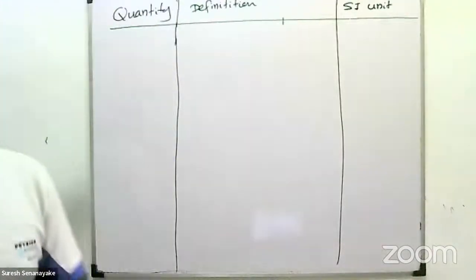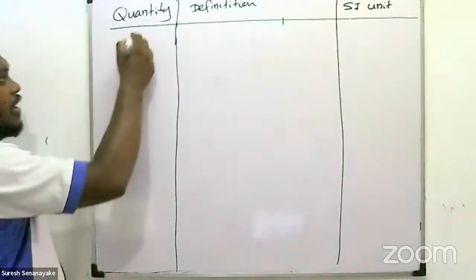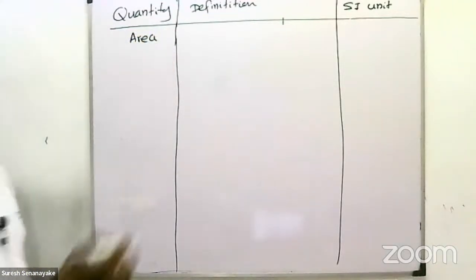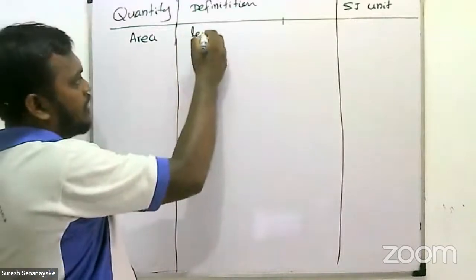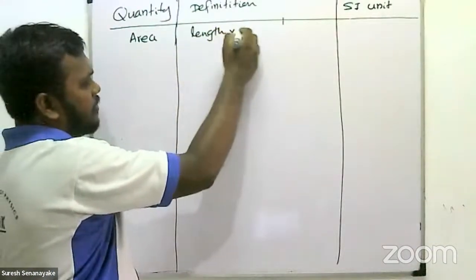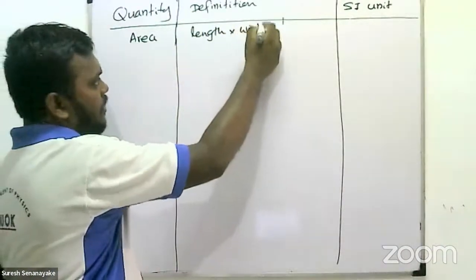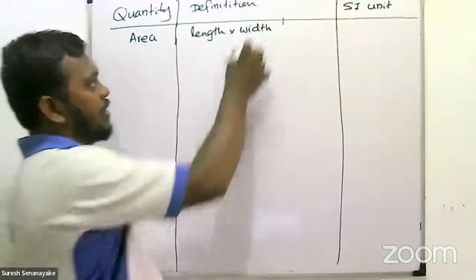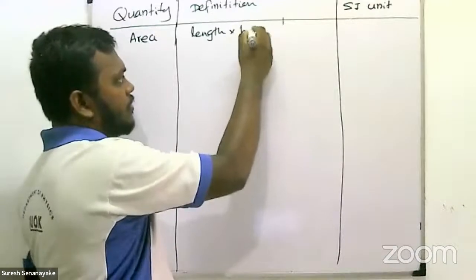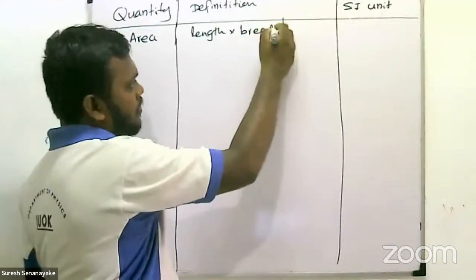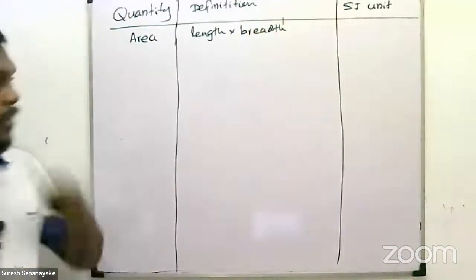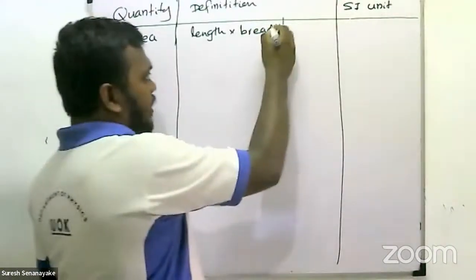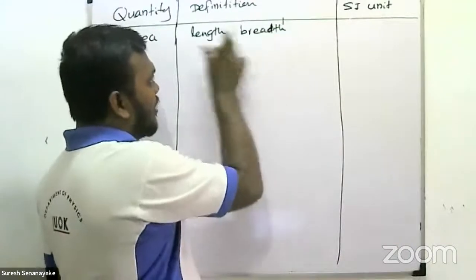You can write in the first quantity, this area. You know that the definition is the length multiplied by the width. Width or breadth, someone can say breadth also. Length and breadth. So the SI unit: length and breadth are both lengths, right?